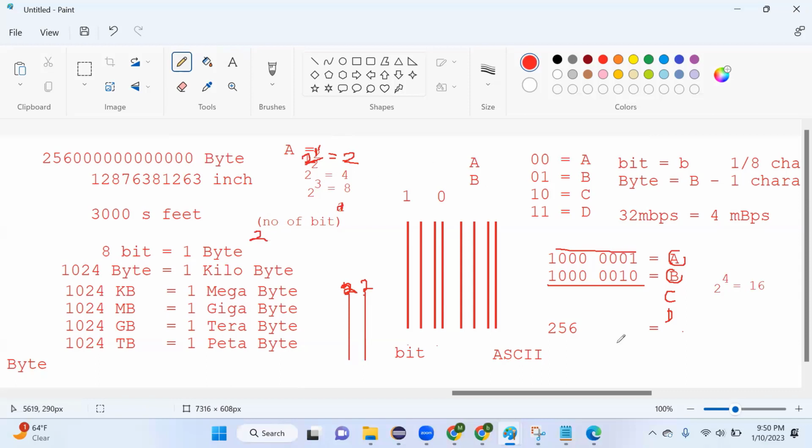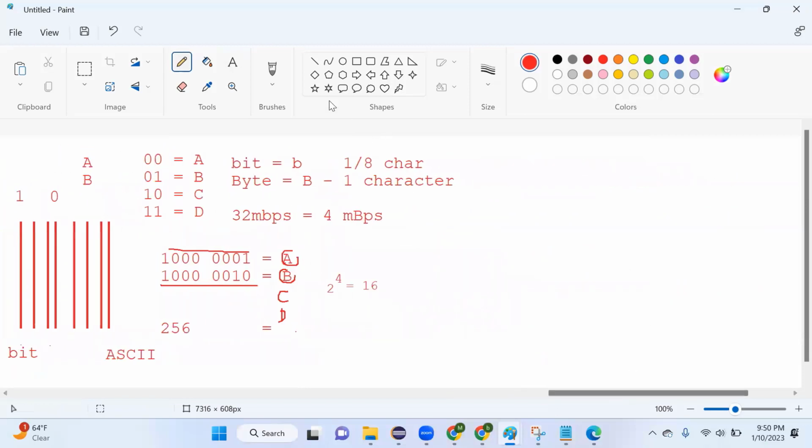So this way, if I apply 1 bit, then 2 to the power 1, that means total 2 characters I can express. If I apply 2 bits, then it will be 4. If I apply 3 bits, then it will become 8.